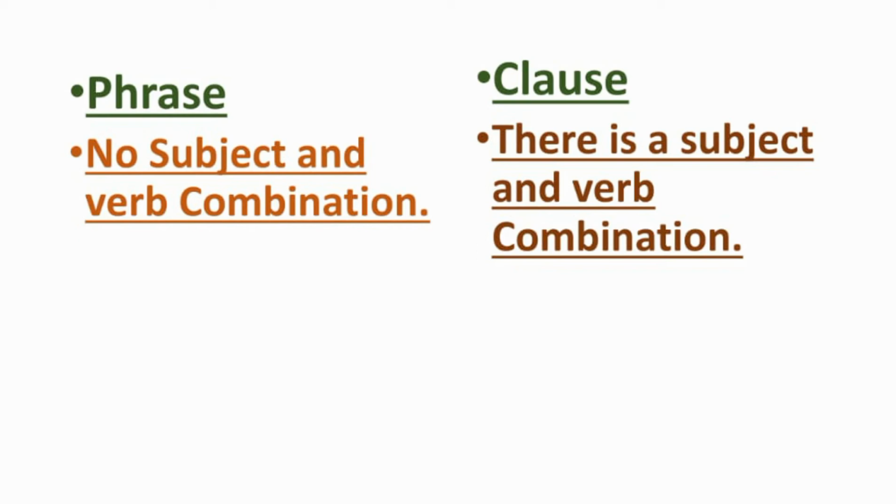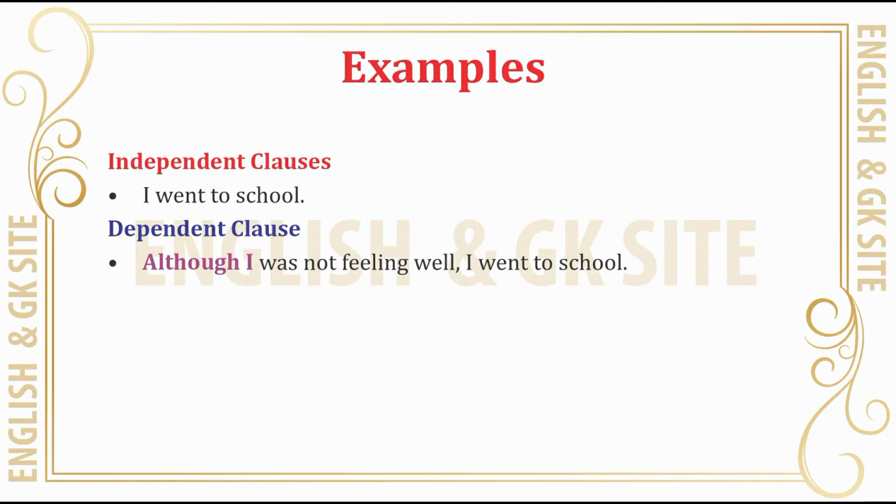Here is the example of independent and dependent clause. I went to school. It's an independent clause. It is making sense on its own as a sentence. And the second one is, although I was not feeling well, I went to school.